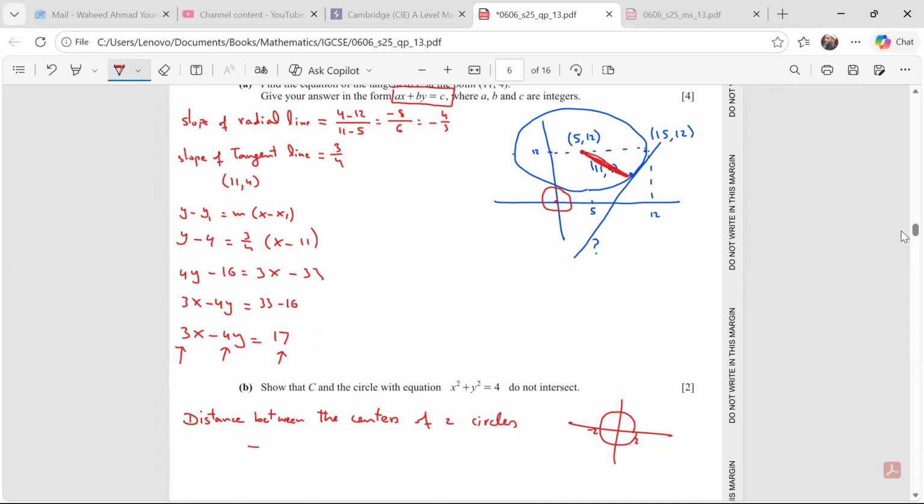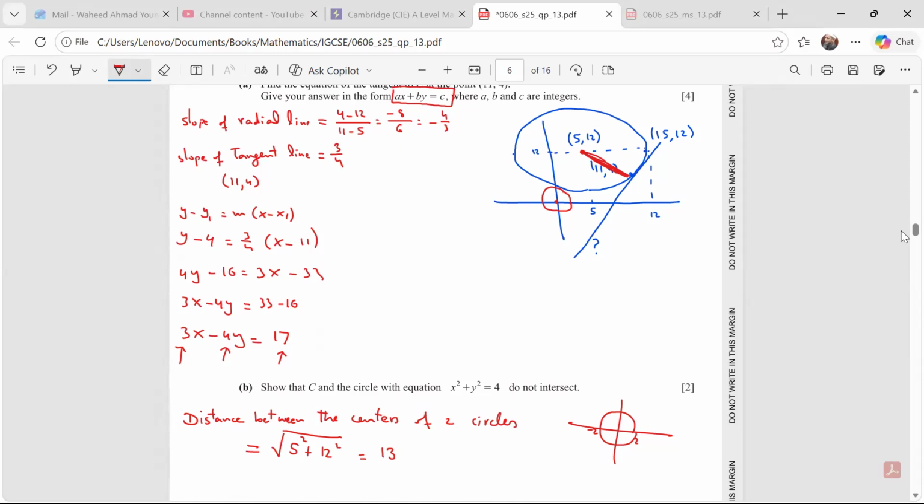One is of course 0, 0, and one is 5, 12. So it is 5 minus 0 squared plus 12 minus 0 squared, and you can see it is going to be 13. So the distance between the two centers is 13.